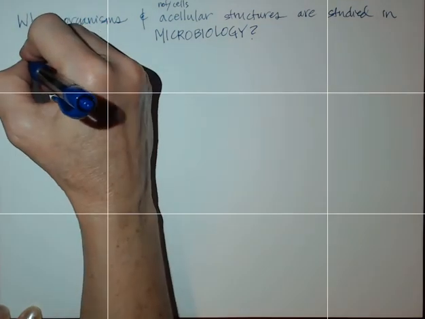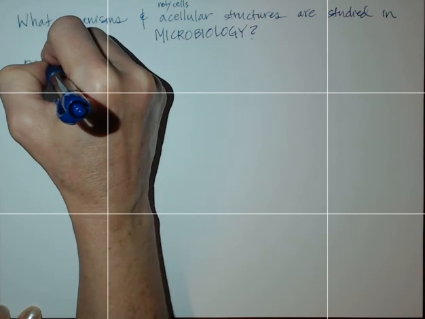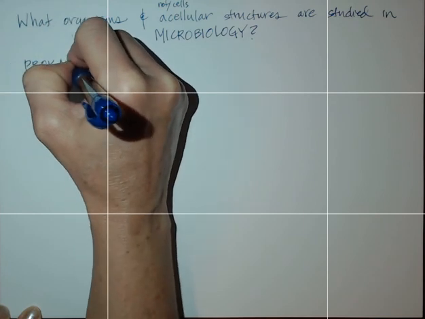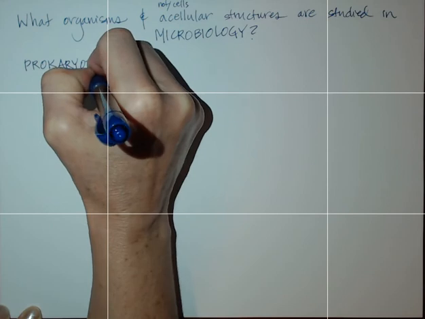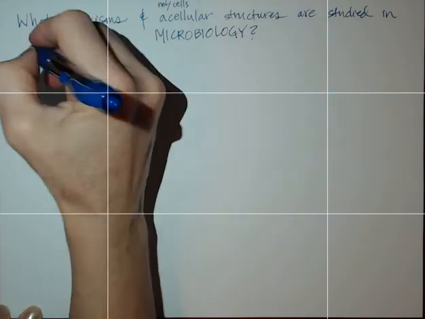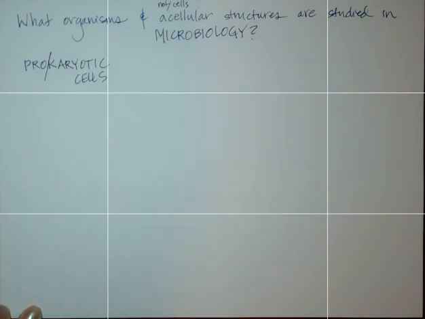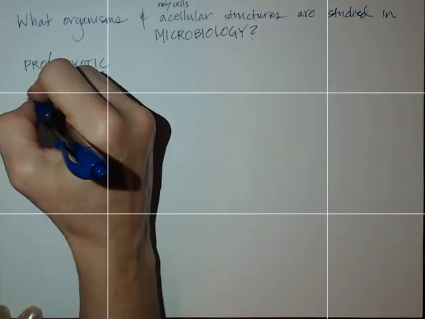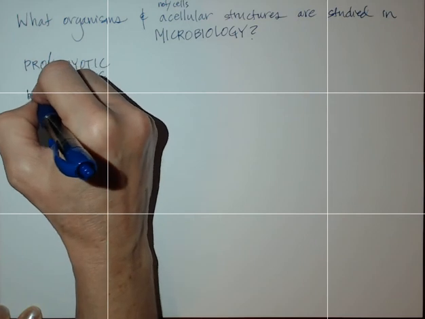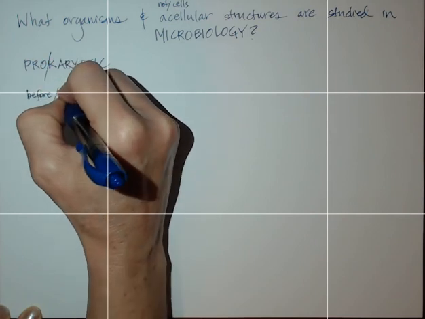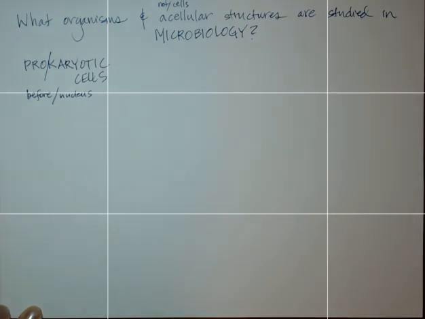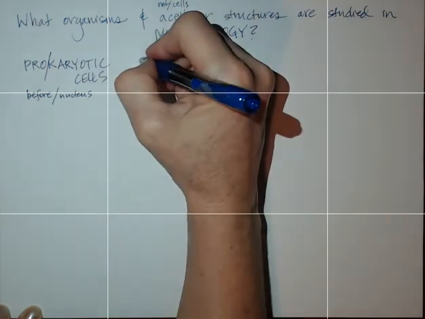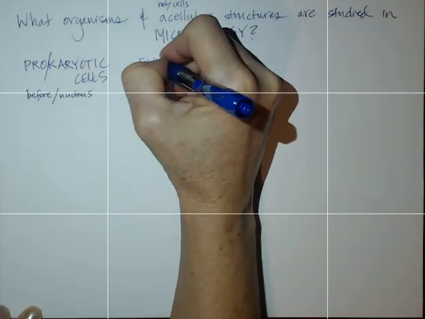And I'll begin with prokaryotic cells. And prokaryotic is a term that is being phased out. However, I do still like to use it since it tells you what that cell looks like, meaning it's before the nucleus. So we will not see a nucleus in a prokaryotic cell, and that's different than a eukaryotic cell.